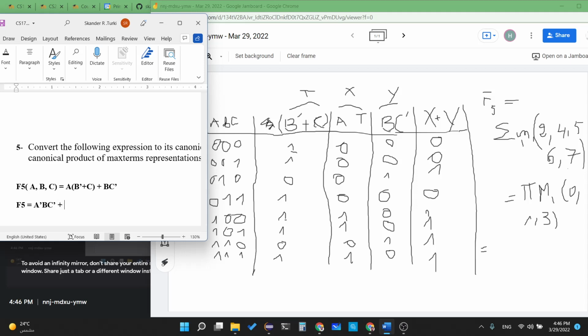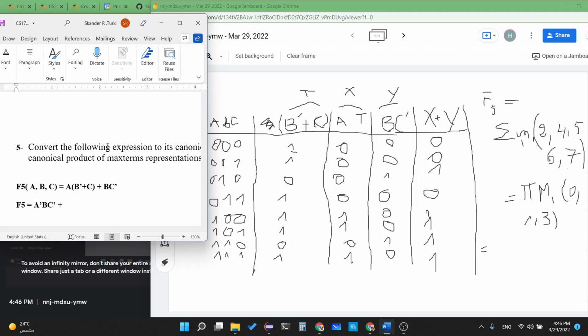And then is it clear that minterm 2 is this one? Is it clear? Yes. Is it correct? Okay. Then minterm 4, how do we write minterm 4?